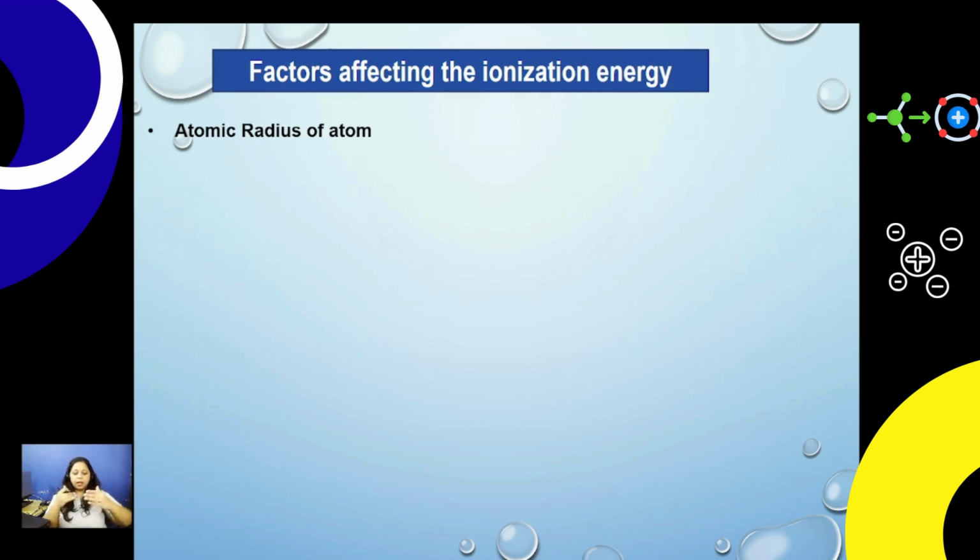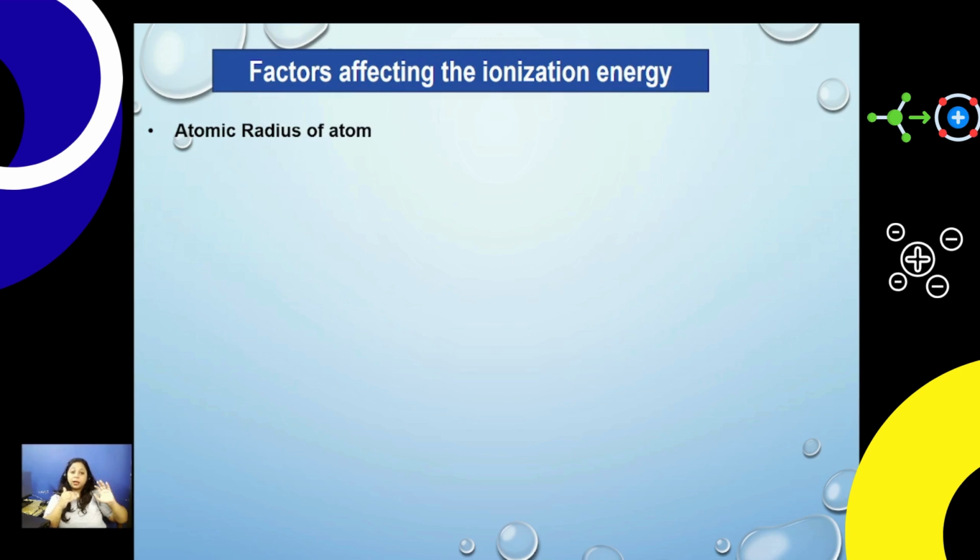If we have 4 rows, the backbencher can easily move out of the class because he or she is sitting far away from the teacher. The radius is really high. The teacher has less control, or the nucleus has less control on the outermost shell. So they are easily removed.